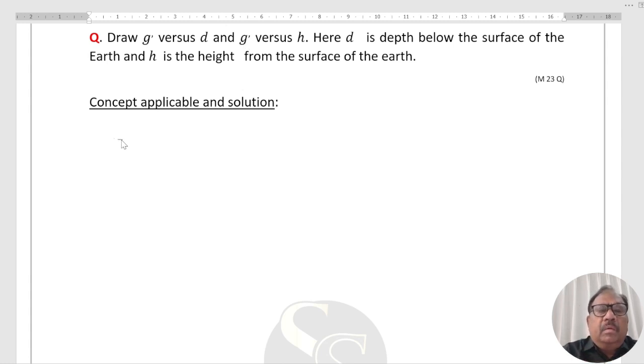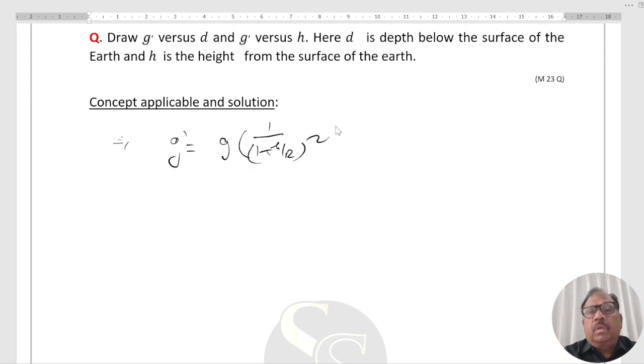Then you know g dash equal to g into 1 over (1 plus h upon R) whole square, right? This is above the surface of the earth.